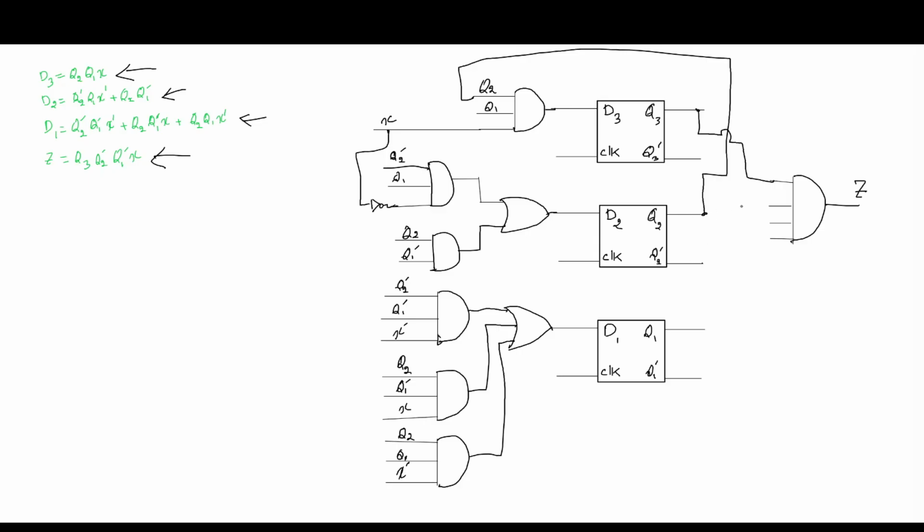Or we can put a NOT gate and take it from the Q2. This will be Q2 prime. Also, we need a Q1 prime. And then lastly, we need user input X. Also, we can branch it from here and feed it all the way to this input.